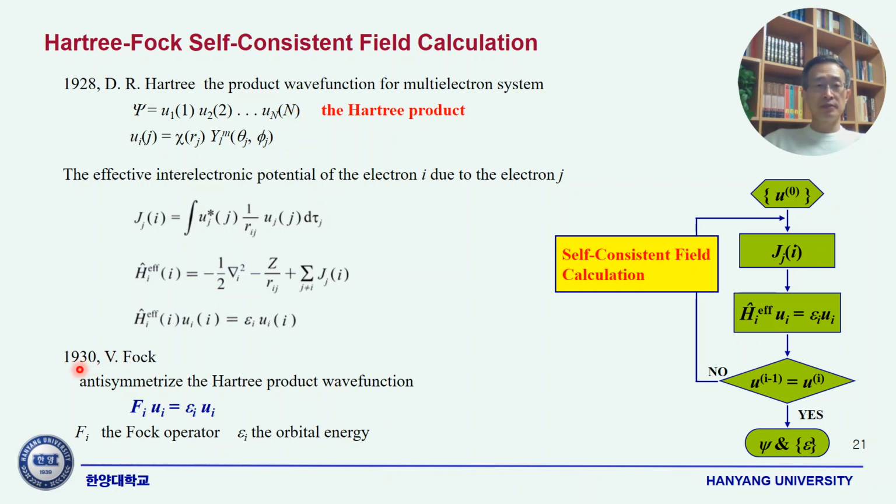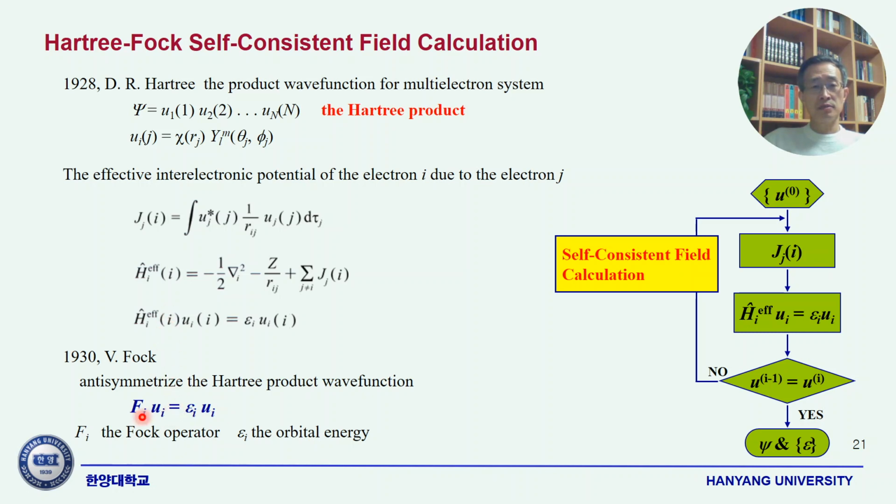So two years later, Fock introduced antisymmetrization to the Hartree product, meaning he used the Slater determinant. That's the year Slater proposed the Slater determinant, I think.